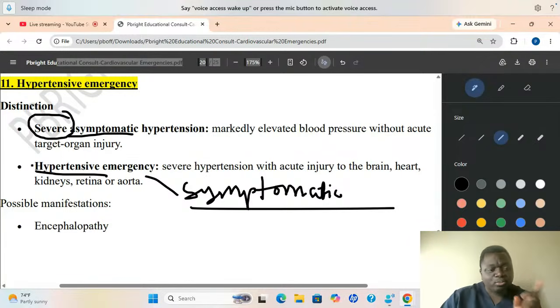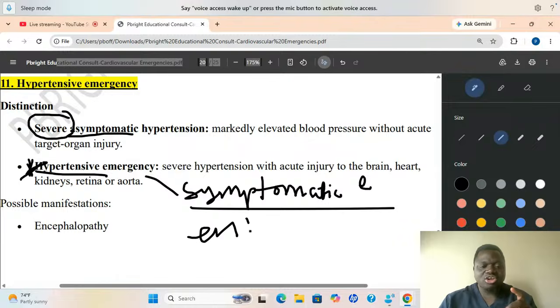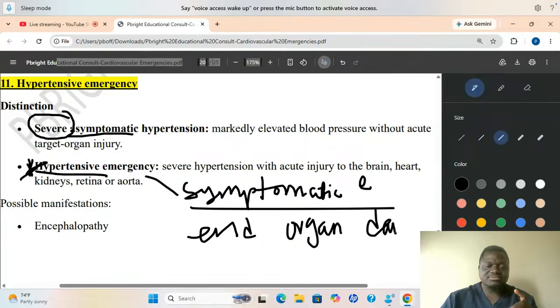These other people will come with the crisis, emergency crisis. They will show you signs of end organ damage. How will you know?